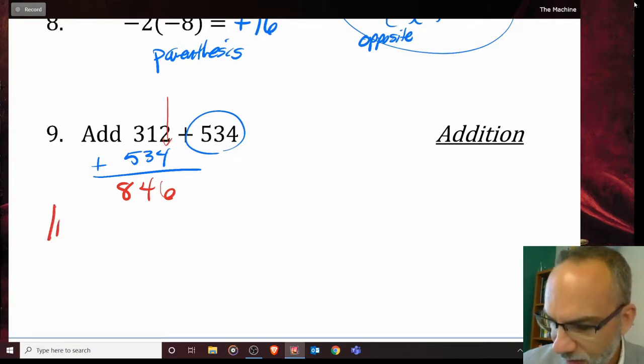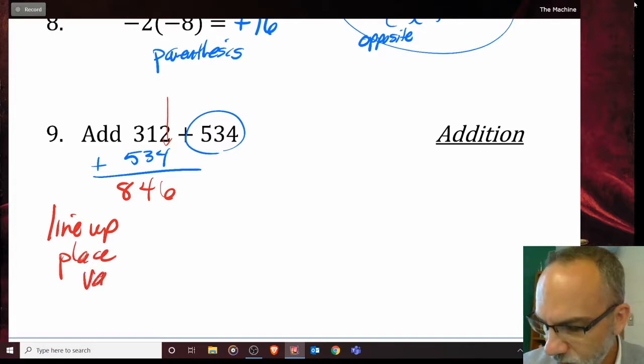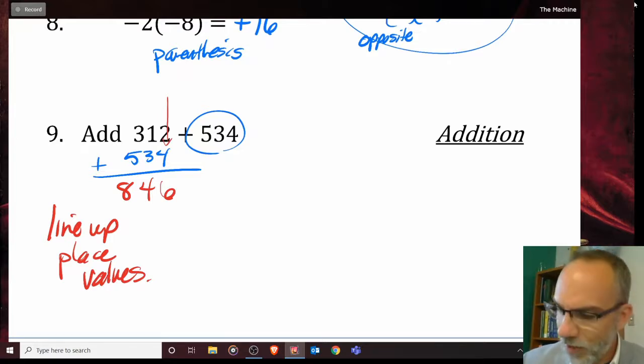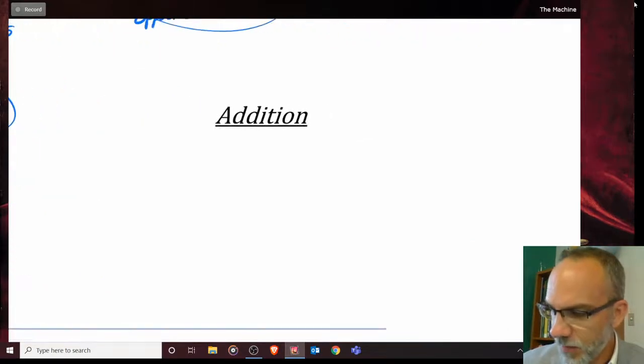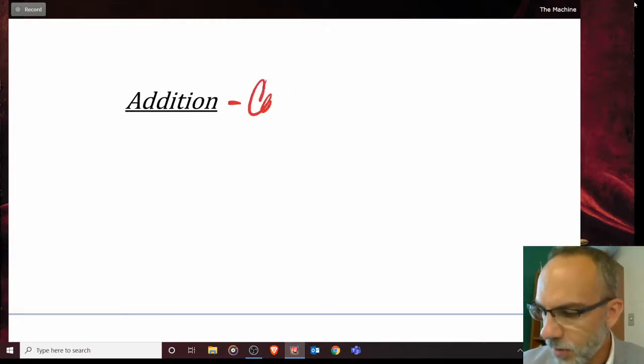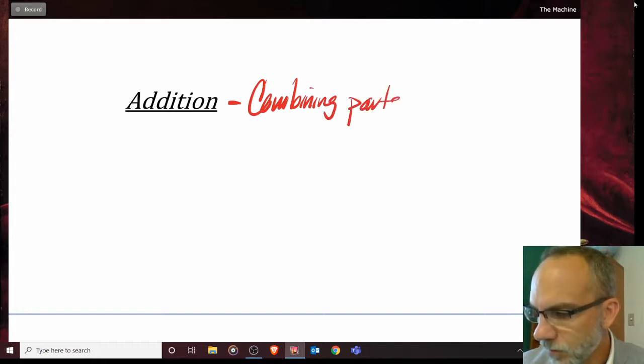You're going to line up the place values. When we do this in algebra, you're going to do the same thing, but you're not going to know what the numbers are. Okay, so what is addition? Addition is combining parts to get a whole.